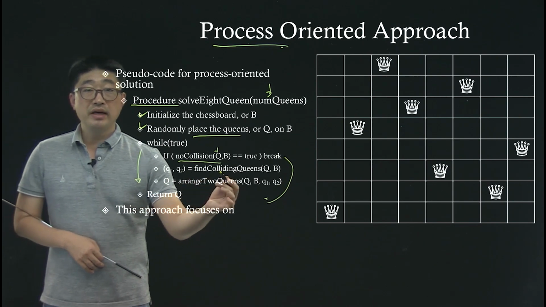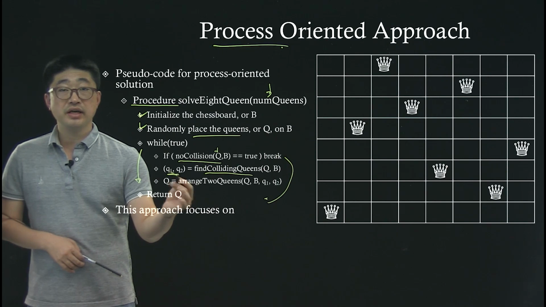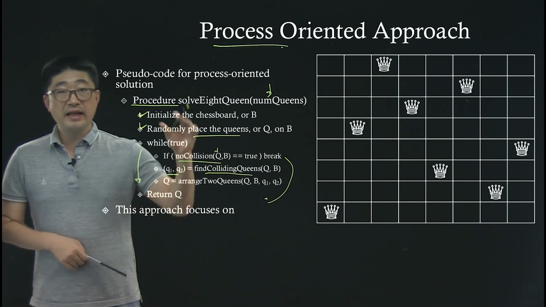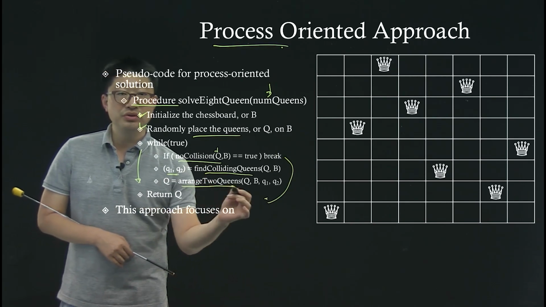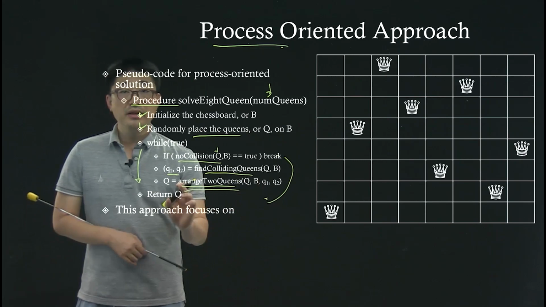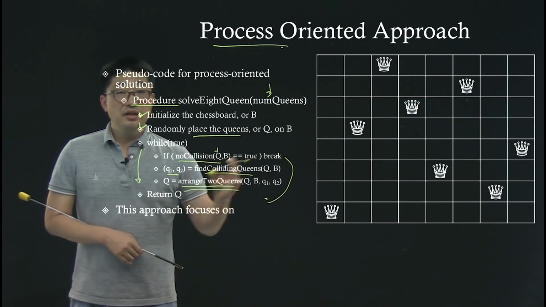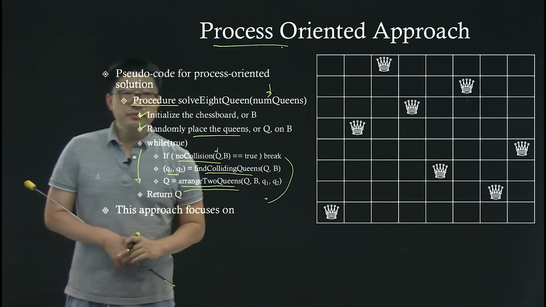Otherwise, try to find the colliding queens, 2 queens. Then as a rearrangement process, we need to introduce certain heuristics here: arrange the 2 queens and put them in some new place, and then we do the while loop again.